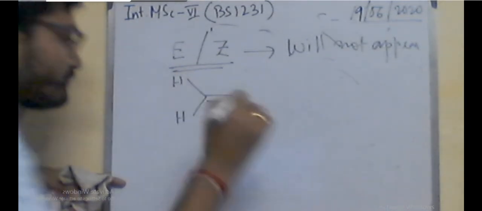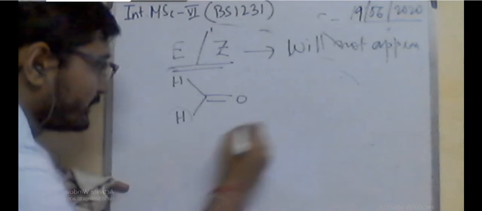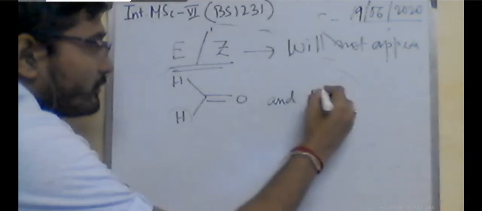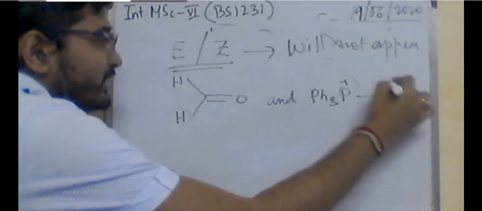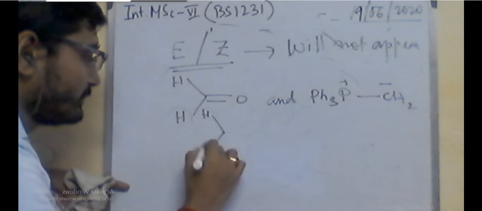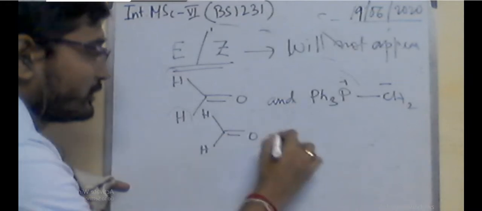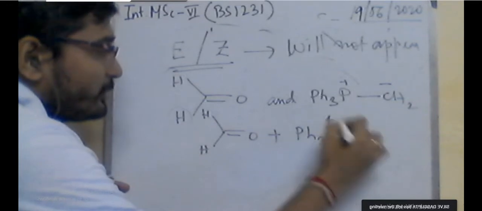Take this ylide as an example, a stabilized ylide, like PPh3 plus CH minus CO2Et. But here you will get CO2Et, hydrogen, hydrogen.